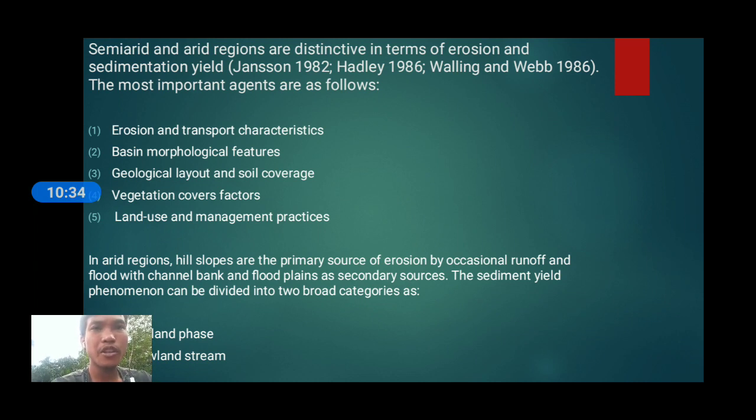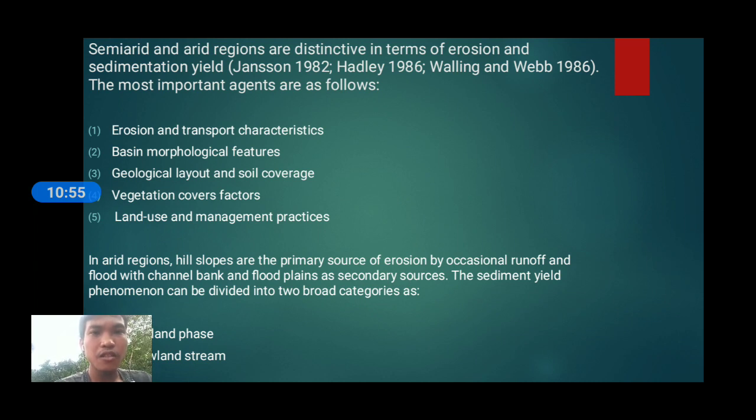The most important agents are as follows: erosion and transport characteristics, basin morphological features, geological layout and soil coverage, vegetation cover factors, land use and management practices.